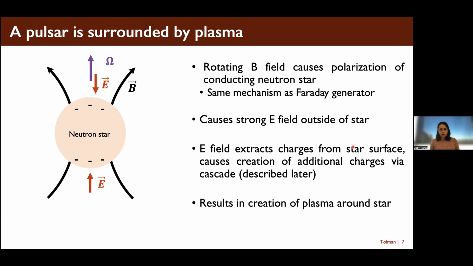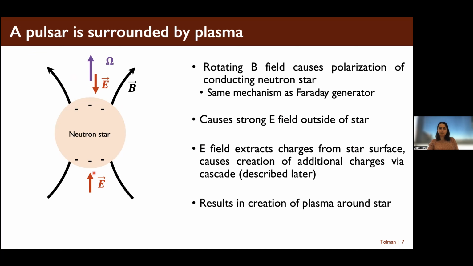Okay. To understand the emission, we have to understand what's going on where the emission is created. This is in a plasma, basically. How a pulsar works is you have a neutron star, which we have in orange here, threaded by magnetic field lines. Then this thing starts to rotate. A rotating magnetic field will cause a polarization of the neutron star.